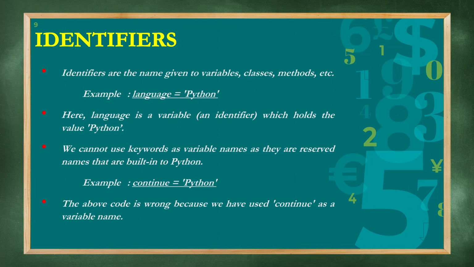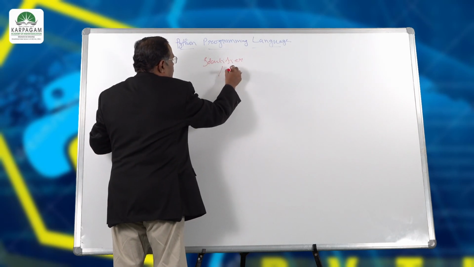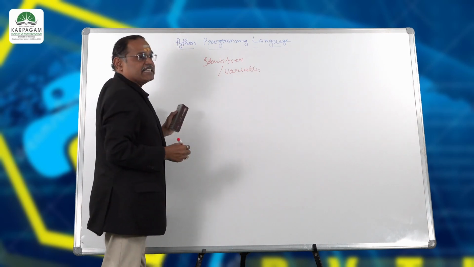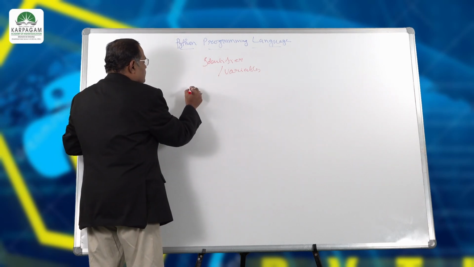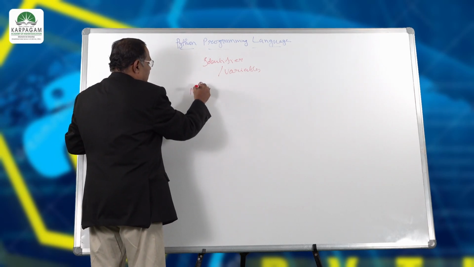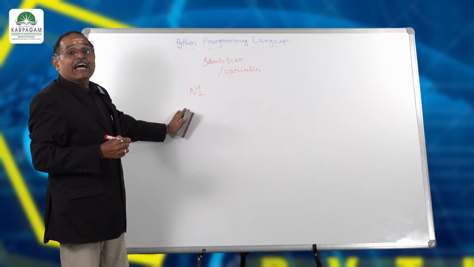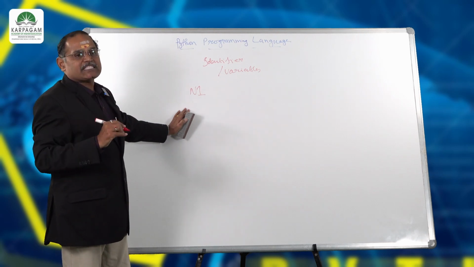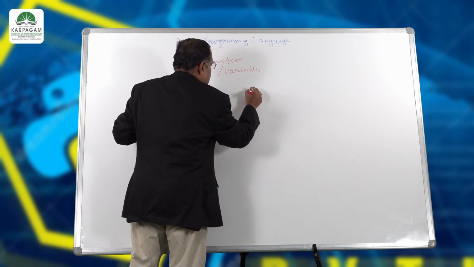Then the next is identifiers, or we can say variables. The variables can be of, for example, n1. n1 is a valid variable. We can have alphanumeric, we can have alphabets, and we can have special characters also, but some characters are not allowed.